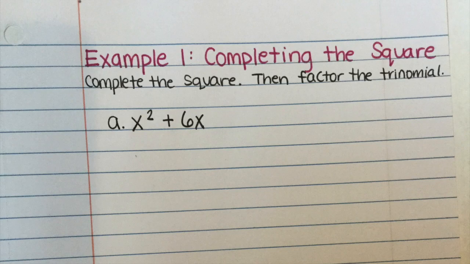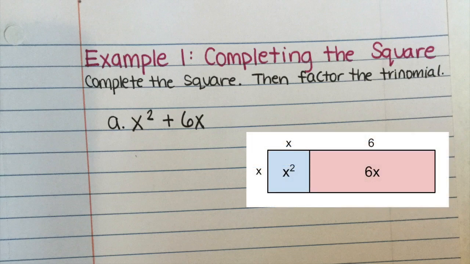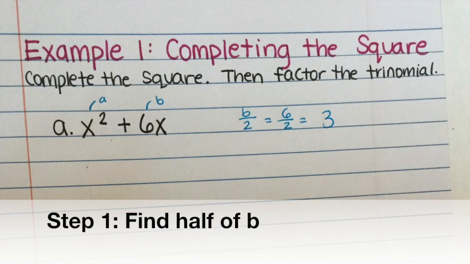If we look at example 1, it asks us to complete the square and then factor the trinomial. The expression I'm given is x squared plus 6x. I drew a visual just to help you see the steps we're going to be doing and why this makes sense mathematically. But for now, we're just starting with x squared plus 6x. If you recall, step 1 is to find half of b.